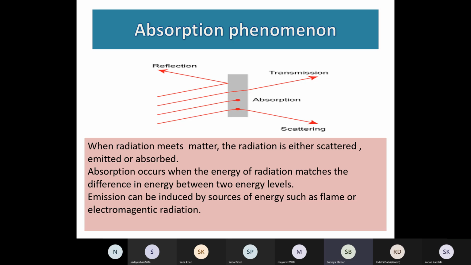Then the direction of propagation of the beam may be altered by reflection or refraction. In reflection, the radiation strikes the substance but is not absorbed, and its direction changes.